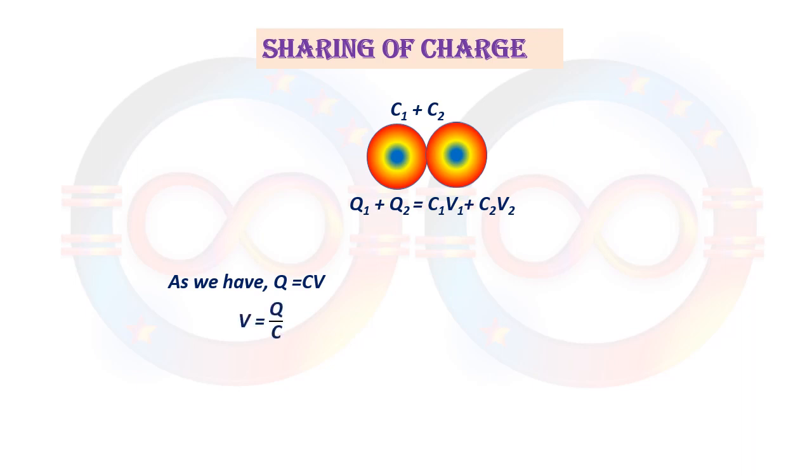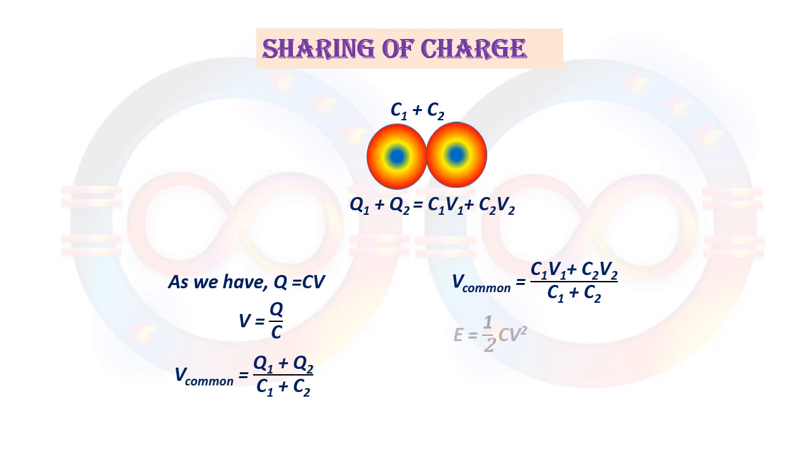Now Q is equal to CV, so V is equal to Q upon C. Q means total charge Q1 plus Q2, C means total capacity C1 plus C2. So the common potential is C1 V1 plus C2 V2 upon C1 plus C2. This is the common potential.